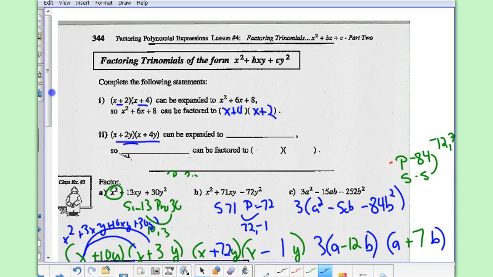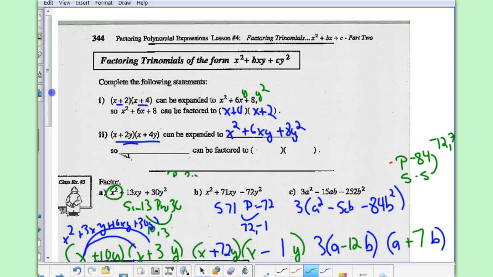This one, when you expand it, you get something that looks a little weird. You get x's and y's and xy's. So when you expand this, you get x squared plus 6xy plus 8y squared. Notice it's just different because you've added that y on the end, so it creates a y and a y squared that you didn't have in the first example.